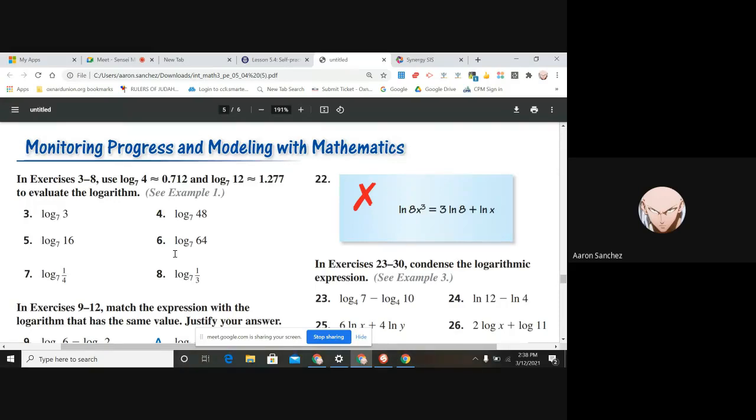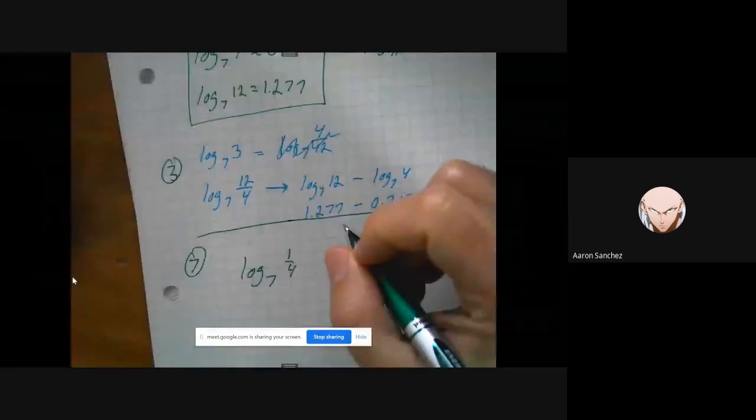I'm going to do number 7. You guys have to do all of them. I'm going to do the first and last in each section, assuming the first is the easiest and the last is the most difficult. So log base 7 of 16 is log base 7 of 4 times 4, which is log base 7 of 4 plus log base 7 of 4. But anyway, let's write log base 7 of 1 to the 1/4 power. Now, this one was weird.